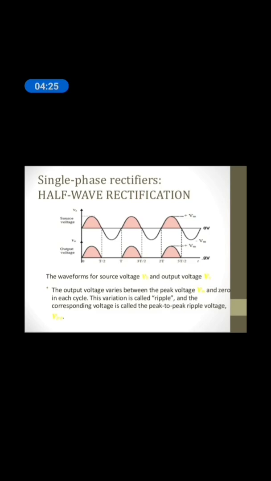In the graph, we can see that the output voltage varies between the peak voltage and 0 in each cycle, and this variation is called ripple, and the corresponding voltage is called the peak to peak ripple voltage. It varies between 0 to peak voltage.